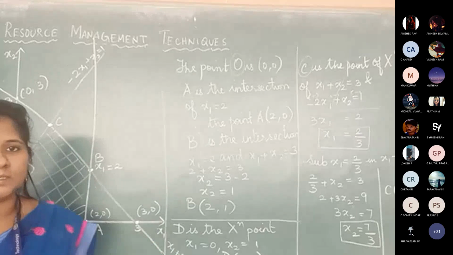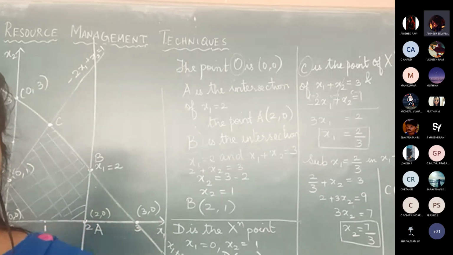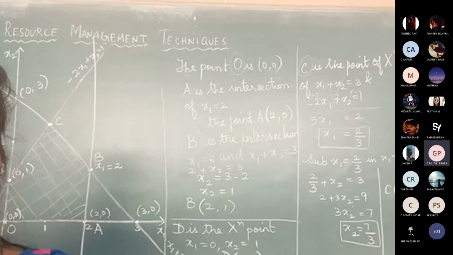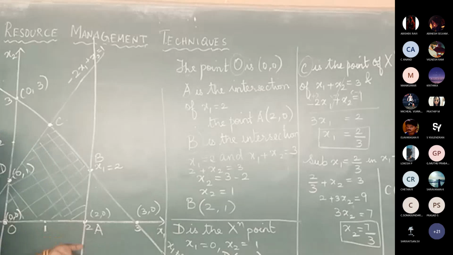Have you all finished writing your A value, B value, C value, D value? Just a minute, ma'am. Okay. I will drop the graph here also.